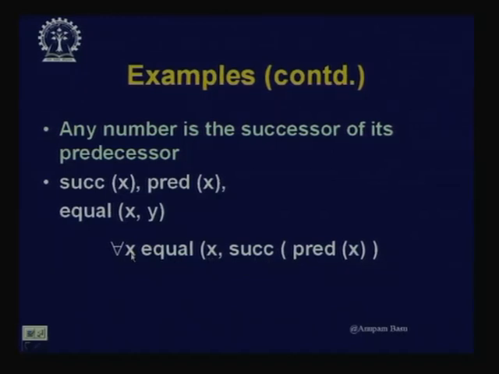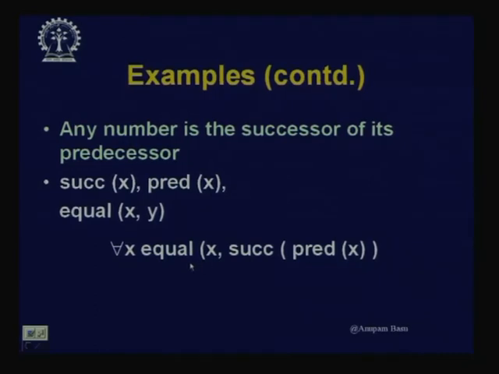Say x is 20, then predecessor x will return me 19, then I am computing successor of 19. What is that? 20. So, 20 is my y and the x was 20. So, these two are equal. You see, the same thing can be expressed in this way. Now, it is for all x, so you can take any number and this will hold true.